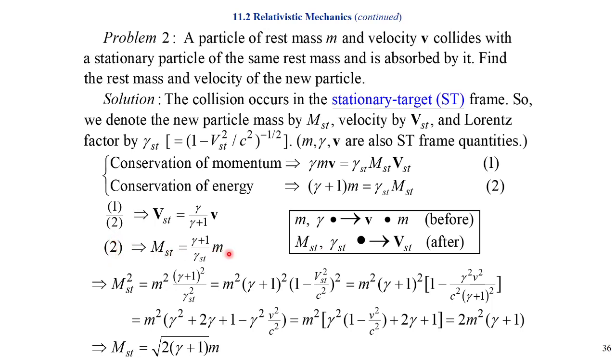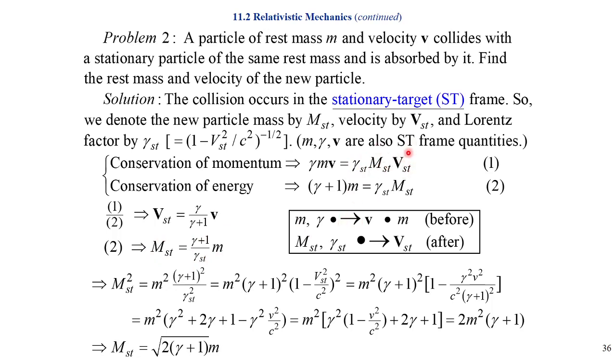Equation 1 tells us that M_st equals this one. Gamma cancels with this gamma, so we have (gamma plus 1) over gamma_st. Okay, so we have two unknowns, M_st and V_st.